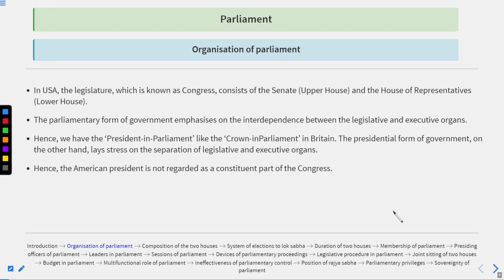Okay, so if we talk about the USA, the legislature is known as the Congress. Now please do not get confused with the Indian National Congress. Because Indian National Congress, or INC in short, is the Indian national political party.